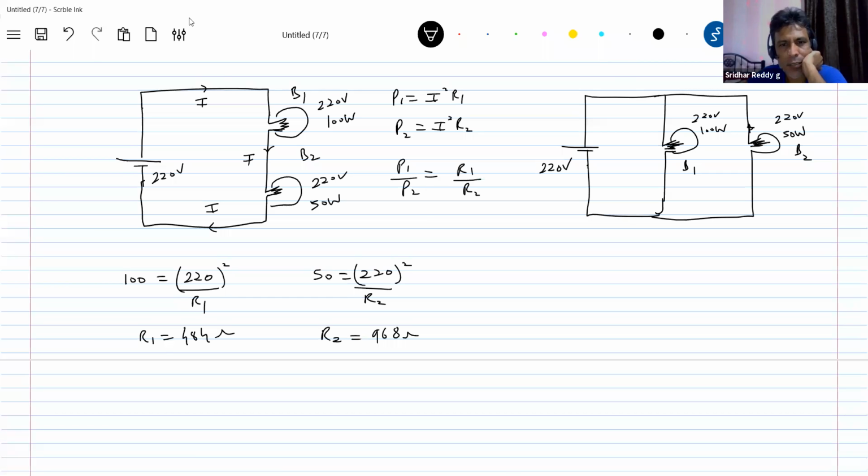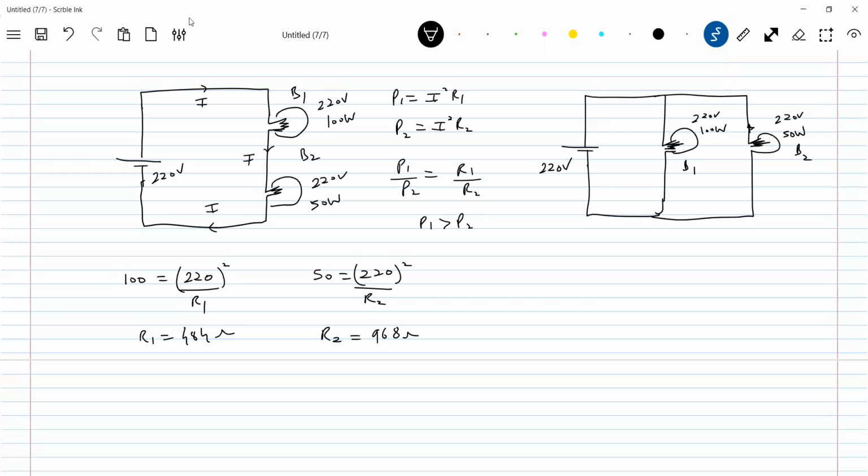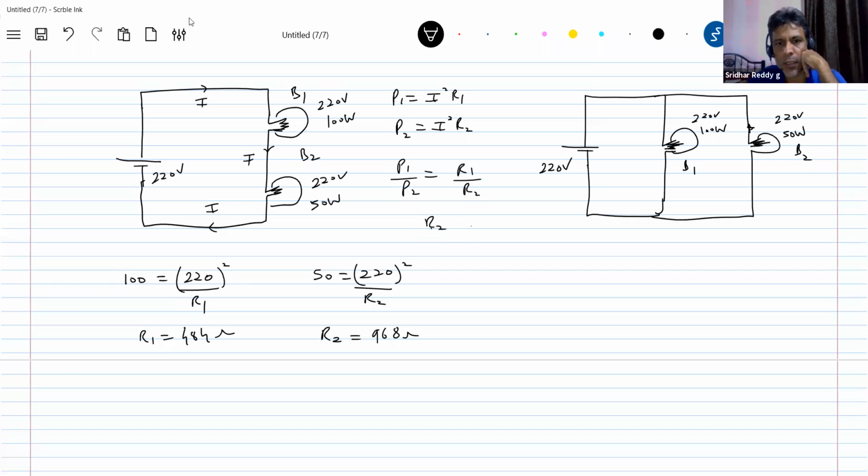So definitely, P2 greater than P1, since R2 is greater than R1. So which will have more brightness? The one which has less power rating.